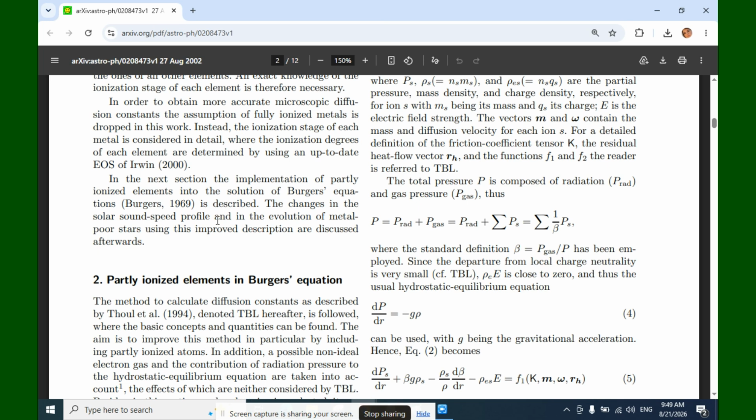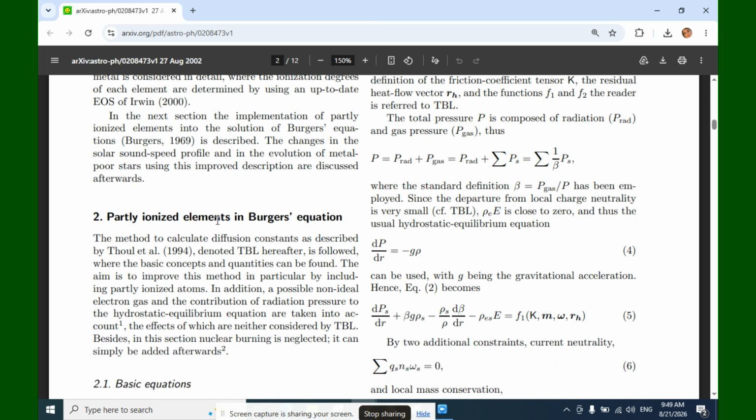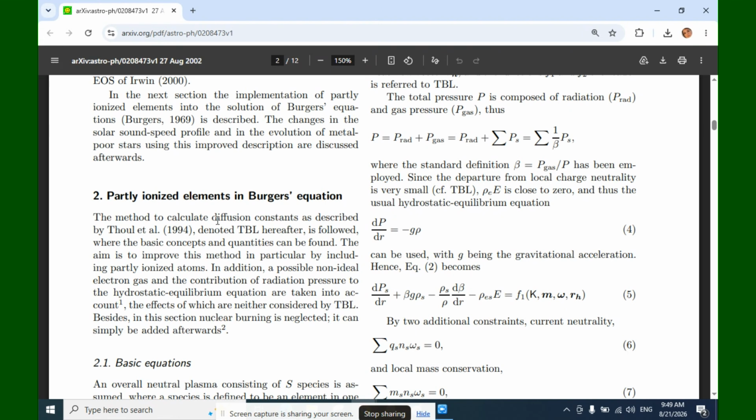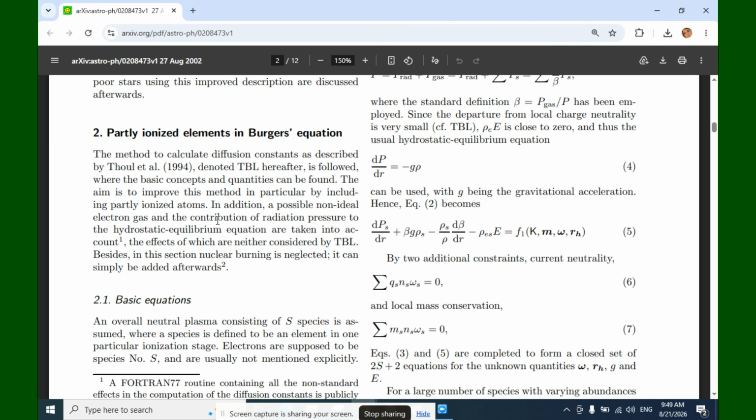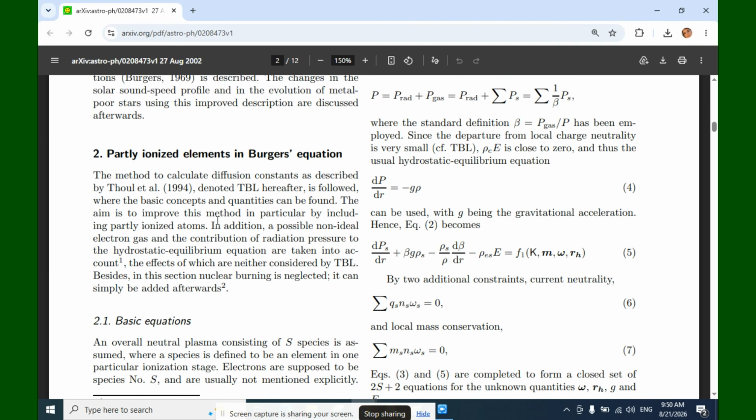Since the departure from local charge neutrality is very small, as in TBL, rho_E is close to zero, and thus the usual hydrostatic equilibrium equation dP/dr is equal to minus g rho can be used, with g being the gravitational acceleration. Hence, equation 2 becomes dP_s/dr plus beta g rho_s minus rho_s divided by rho times the derivative of beta with respect to r minus rho_s^E E is equal to F1(m, omega, RH).